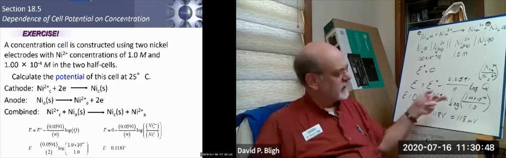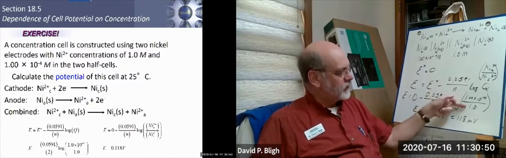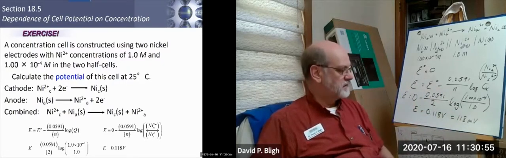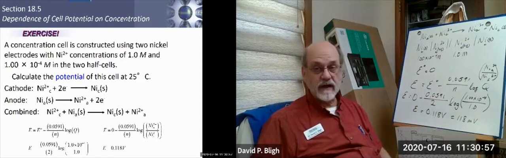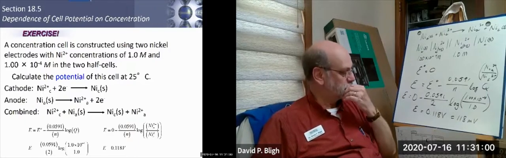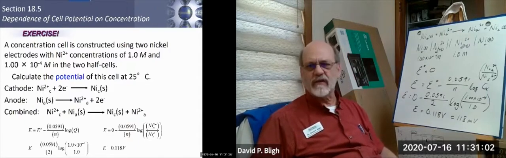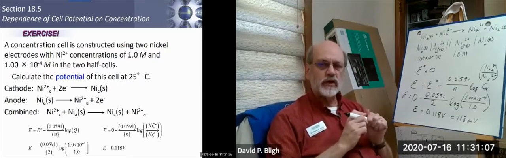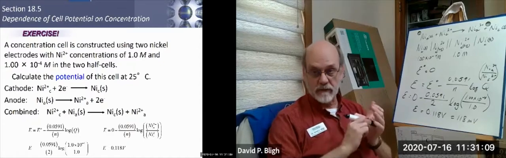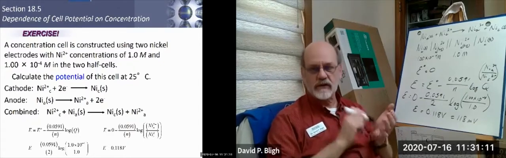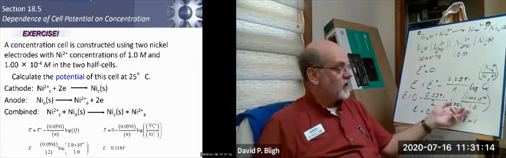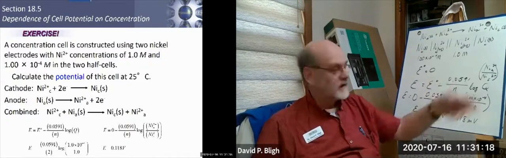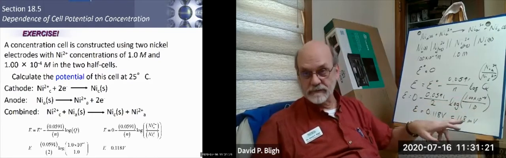The other way around, if this were higher and maybe that one was lower when you prepared the solutions, then that value would be lower. But let's look at it from a practical standpoint. What are you likely to do when you prepare a concentration cell? You're going to make a stock solution, probably 1 molar, and then you're going to dilute that to 10 to the minus 4th molar.